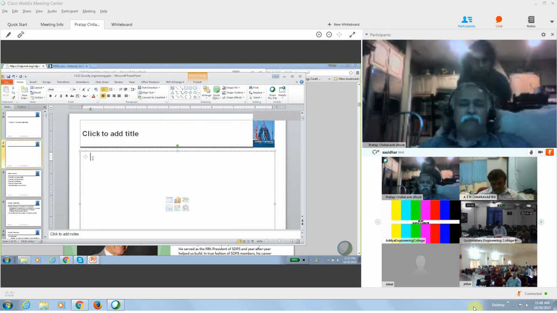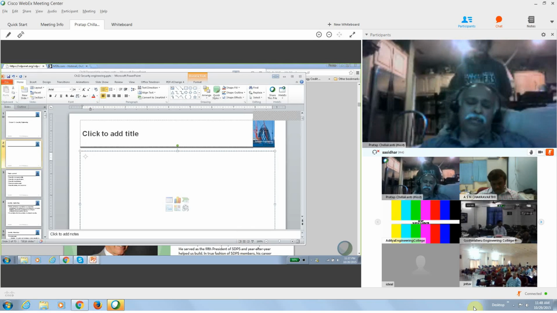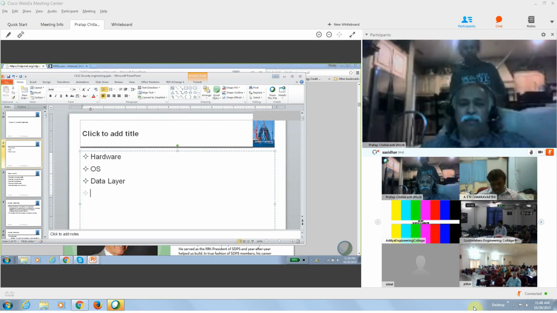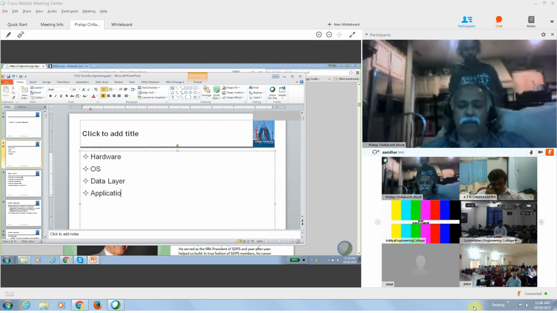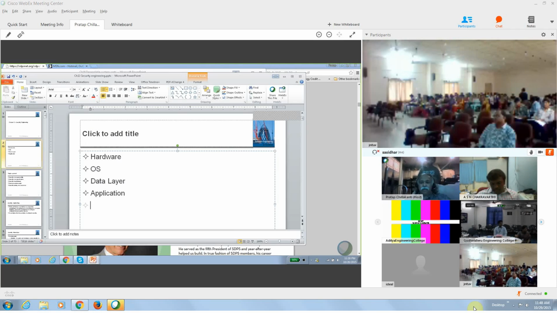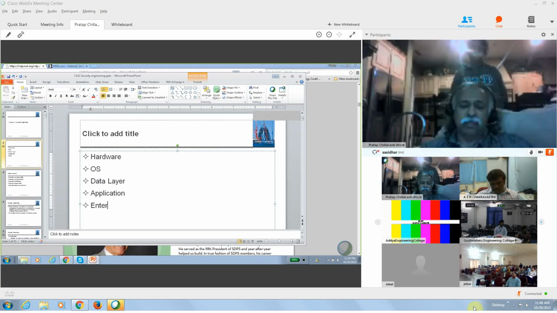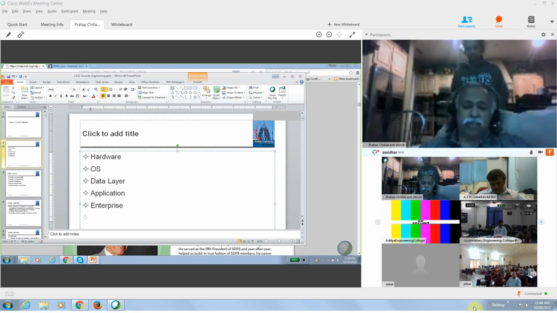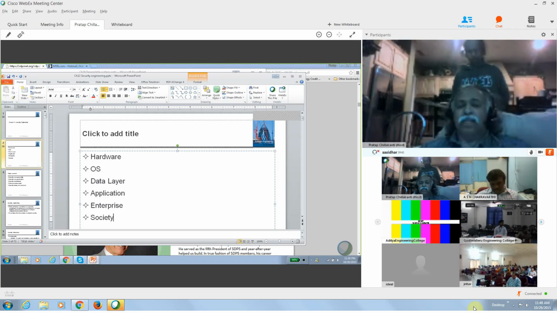When we talk about the layered architecture, we start with the hardware layer, quite honestly. And then you have the application, whatever you're developing, and then you have the enterprise as a whole. And whatever your enterprise is doing in the holistic system, we said it has an impact on society, correct?